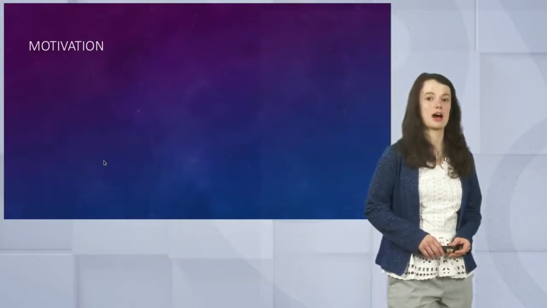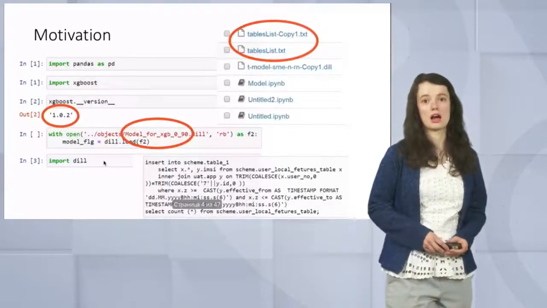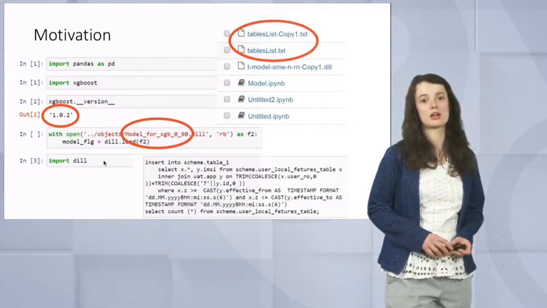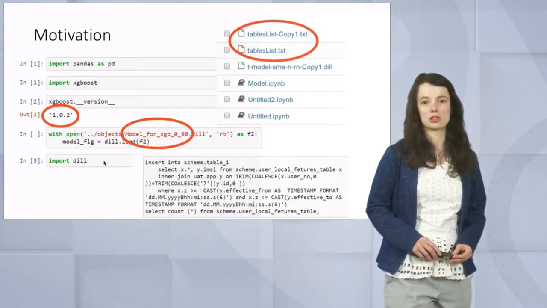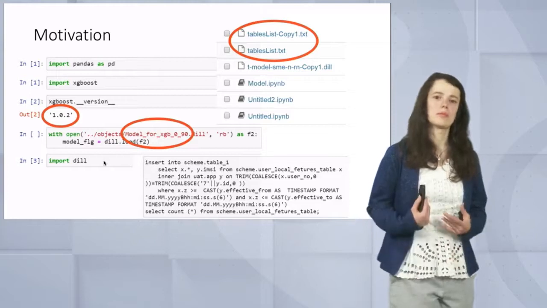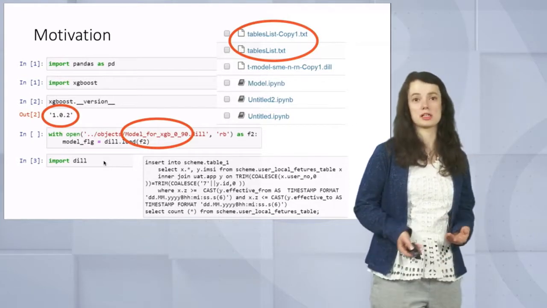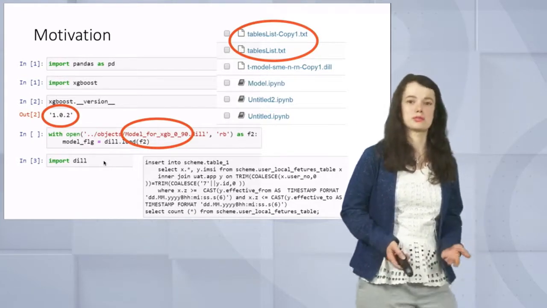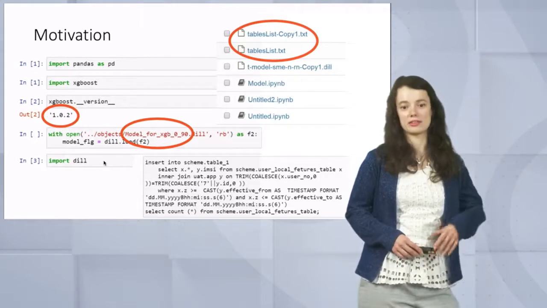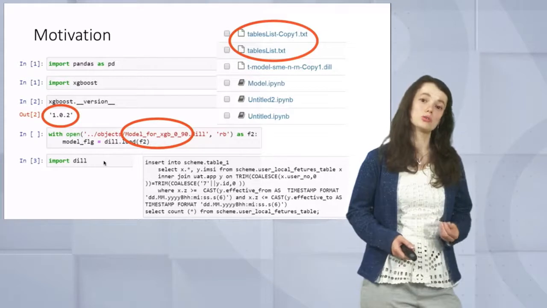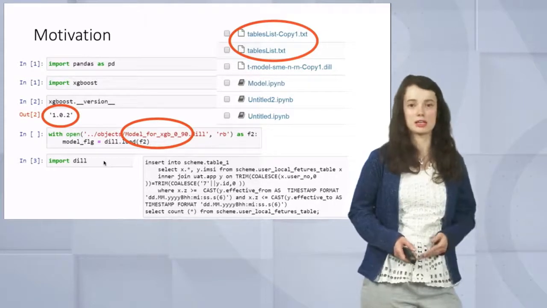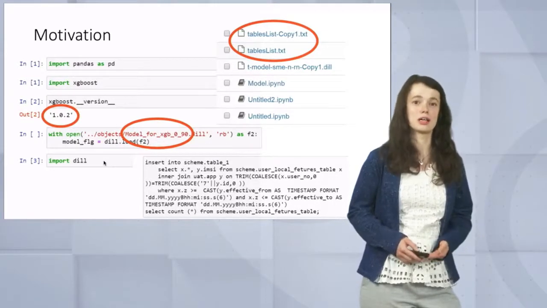So, talking about motivation. When I started learning machine learning, I struggled with some problems. For example, mixed naming, spaghetti code, problems with saving your models, and all this stuff seemed very tough for me because I didn't have any engineering background.